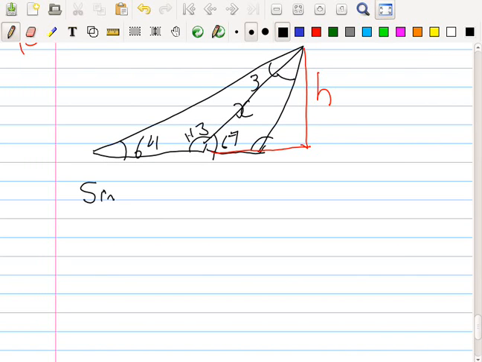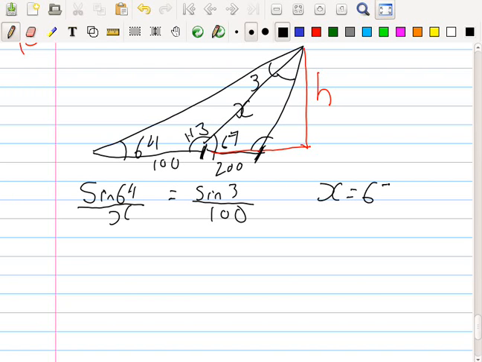So sine 64 over x equals, oh, by the way, this length here is 100, and here to here is 200. Sine 3 over 100. So x will be 100 sine 64 divided by sine 3. So therefore x equals 651.95. That's the x.